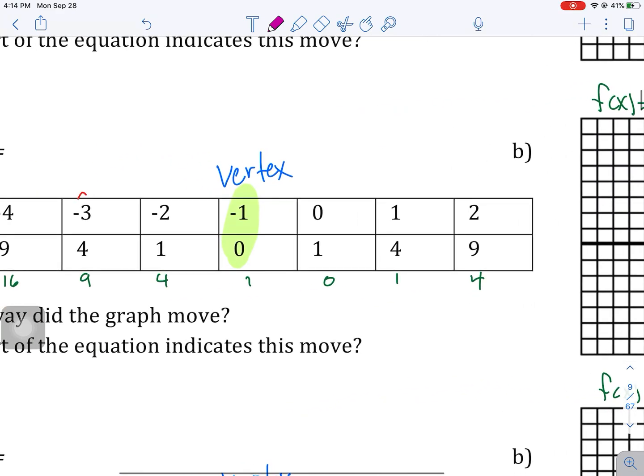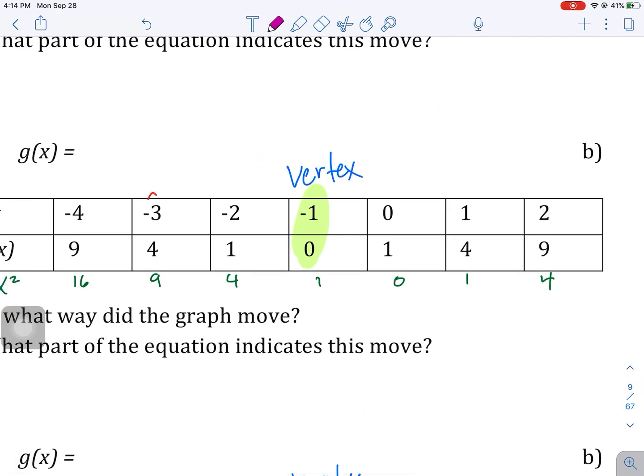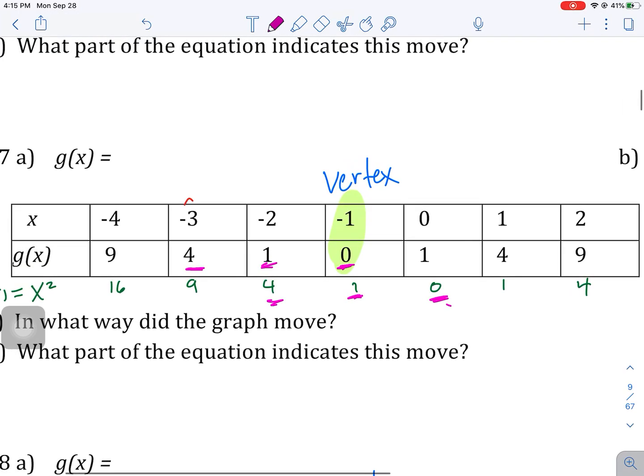So if you look at these, you have the same type of pattern where you have a 0, a 1, and a 4, but down here 0, 1, 4. So it's just happening sooner, right?